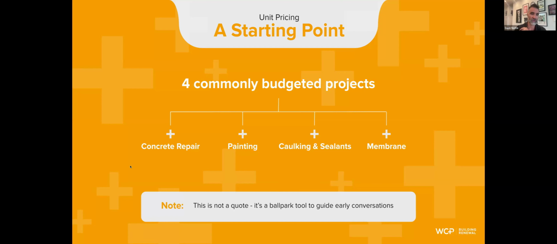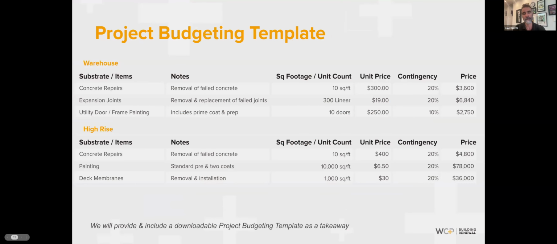Okay. So moving on to this next slide here. We're going to give you a project budgeting template. It's really simple. There are 6 columns. You see on the left-hand side, we've got a couple different scenarios for you. This is just a snippet of what we're going to give you. Looking at some common things for warehouses, common things for high rises, some notes we're going to put in there for you.